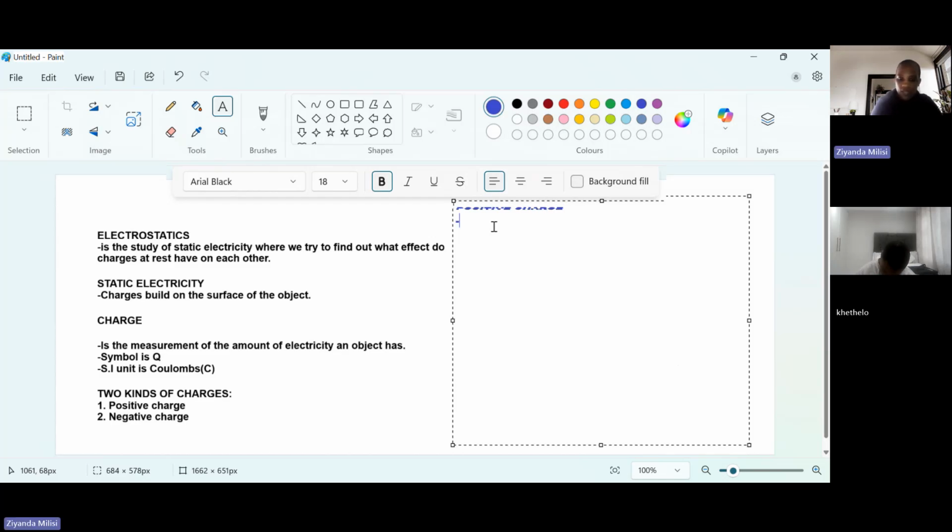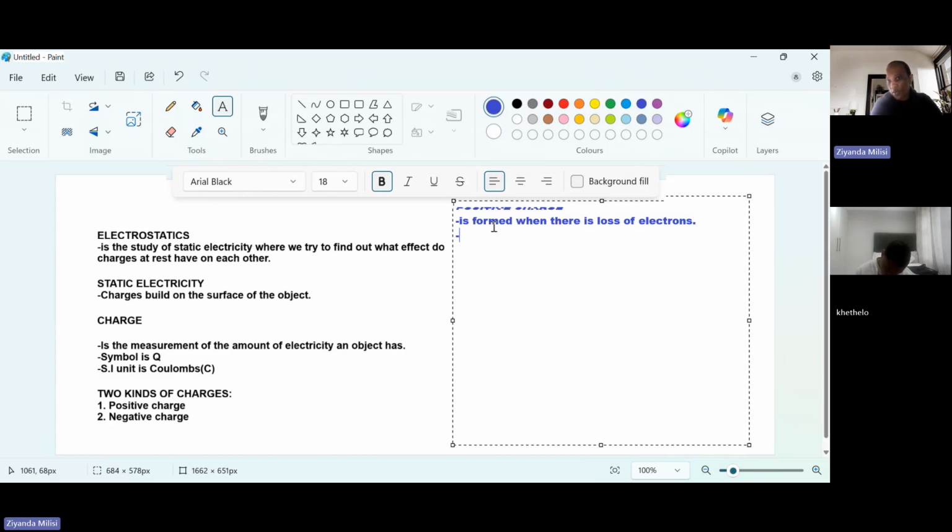Positive charge, it is formed when there is loss of electrons. Yes, we must remove electrons from a neutral object. Then we will have a positive charge.